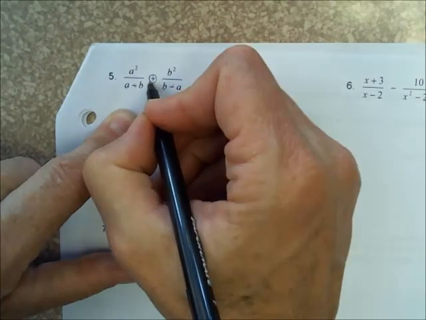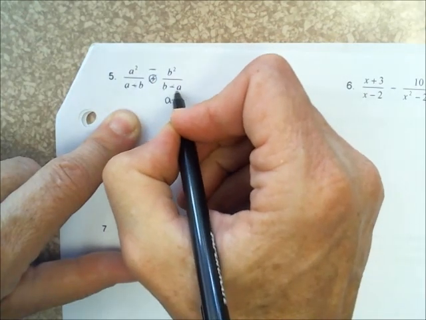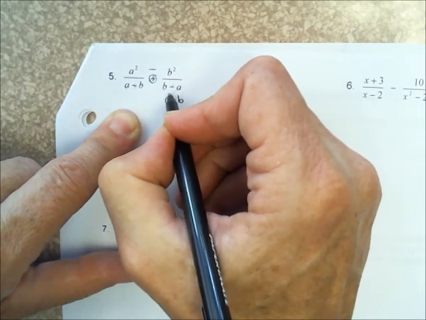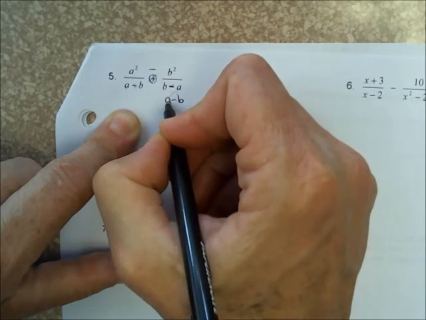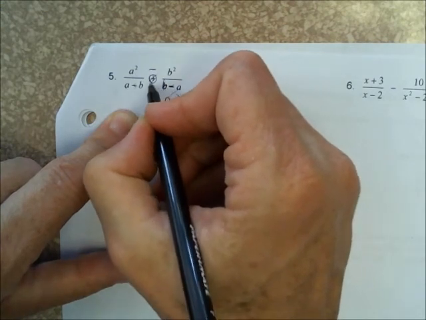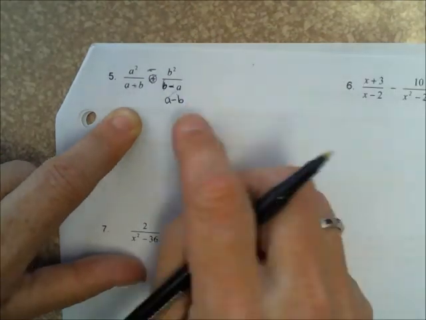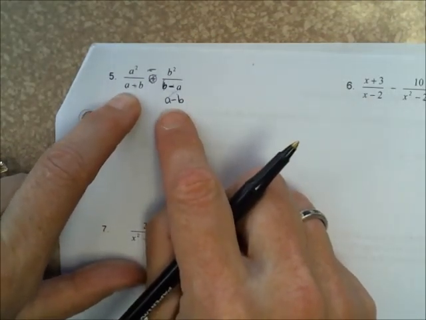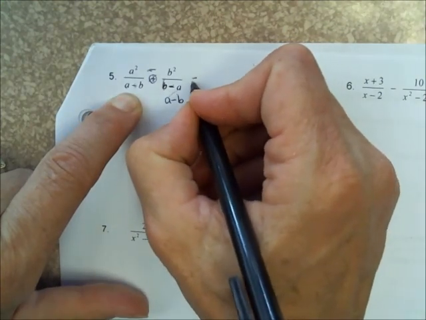So we're going to change this plus to a minus if we change this second to a minus b. You see how I've switched positions? I've made this from a negative a to a positive a. I've made this from a positive b to a negative b, which just means I had to change that positive sign to a negative sign, and now they're both a minus b's. We'll get some practice with these kinds of problems in class tomorrow.